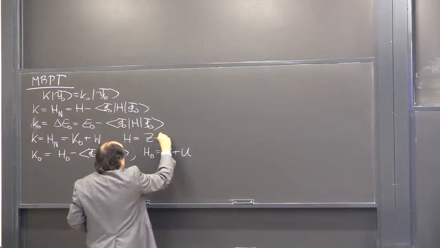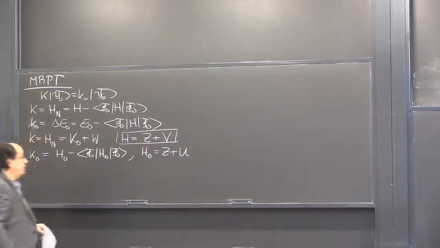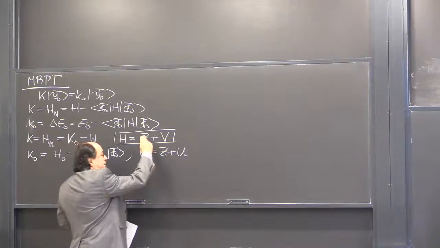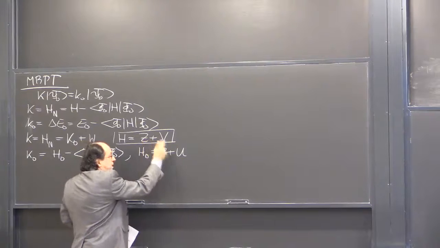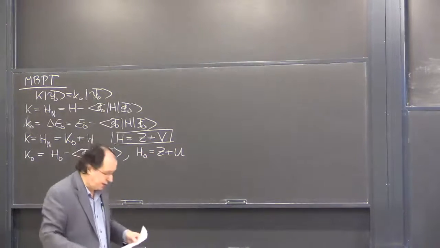We are assuming that our original Hamiltonian consists of two pieces, the one-body part and the two-body part. And so we define H0 as the one-body part of the real Hamiltonian plus an approximation to V, which is a one-body operator. We call it U here.